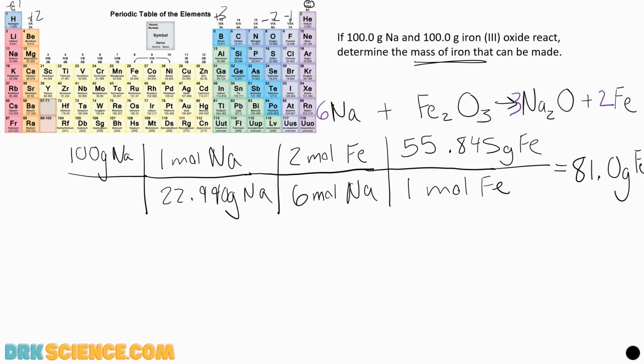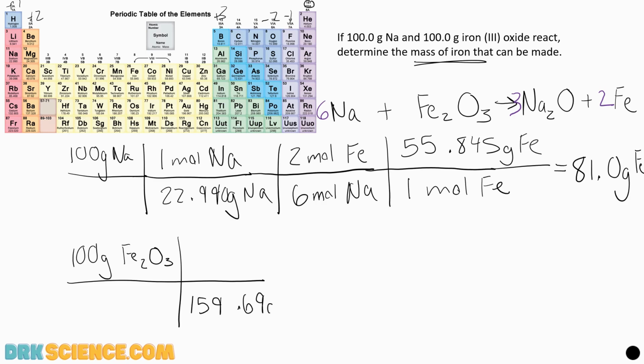We also need to do the grams of iron oxide, because we're looking for which one's the limiting reagent. So we're going to do our 100 grams of Fe2O3. Same thing, but now we need to use our mass of iron oxide. In this case, iron oxide Fe2O3, that mass is 159.69 grams, 1 mole.